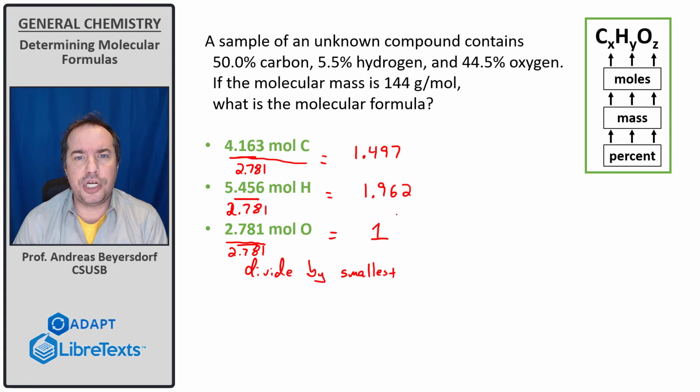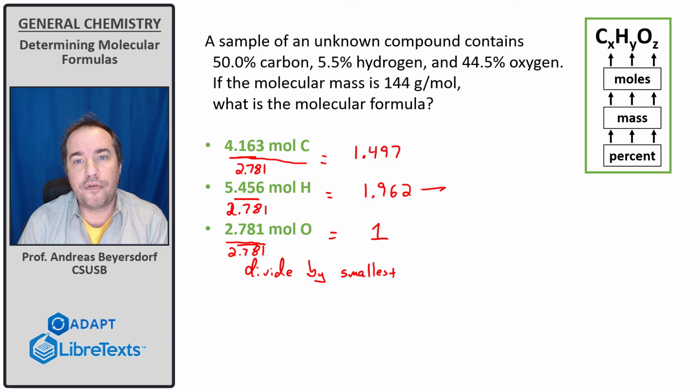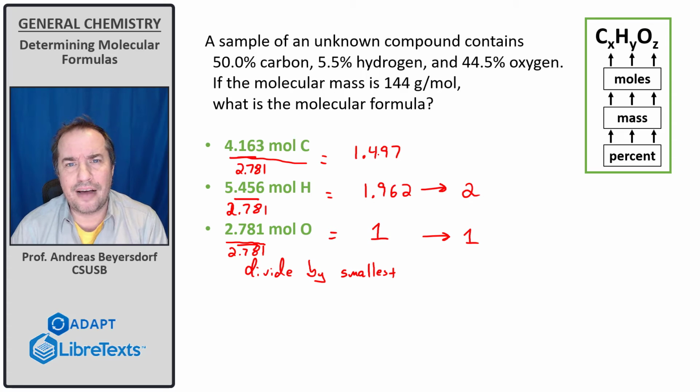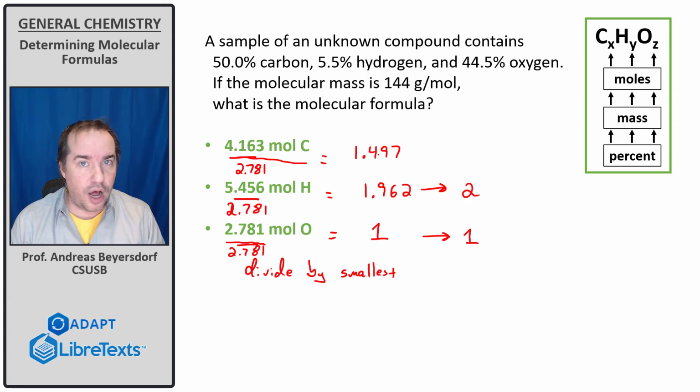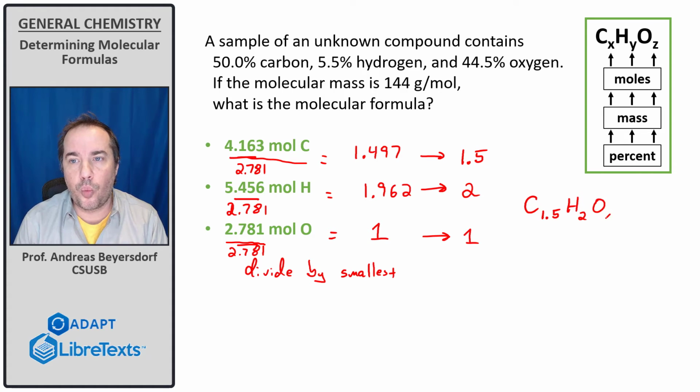Well, the hydrogen, we have 1.962, so that's very close to 2. The carbon is 1.497. That's not close to 1, it's not close to 2, but it is really close to 1.5. So we could plug these in and we'd get C 1.5, hydrogen 2, oxygen 1.